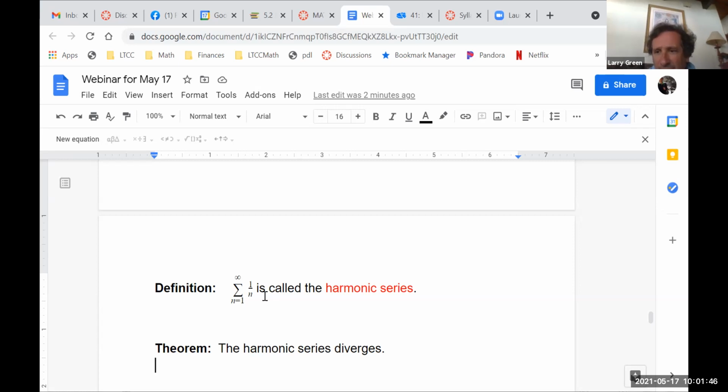That doesn't add much, does it? So it doesn't even feel like this should diverge, does it? But this diverges. The harmonic series diverges. And we'll prove this, I believe, on Wednesday. If not, it'll be Friday. I'm trying to remember which day we do it. So for now, you need to trust that this series diverges.